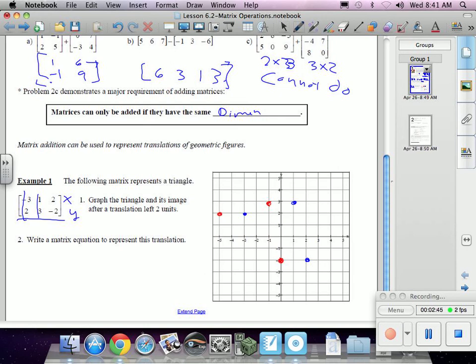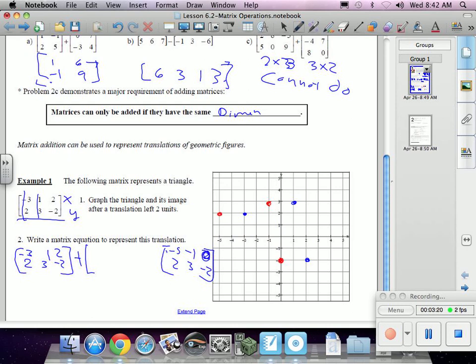So if we started here at -3, 1, 2, and 2, 3, -2, what would we have to add to that to get to this new location, which is -5, 2, -1, 3, and 2, -2. Oh, whoops, no, 2, 0, -2.